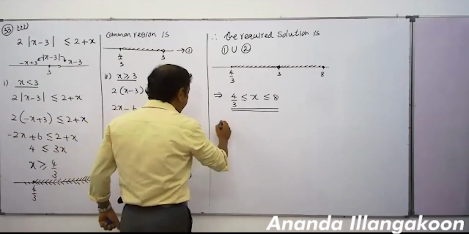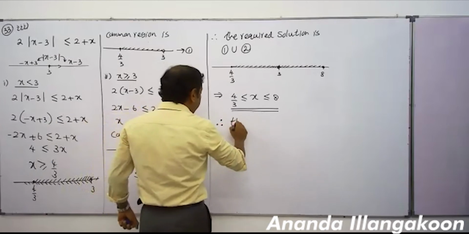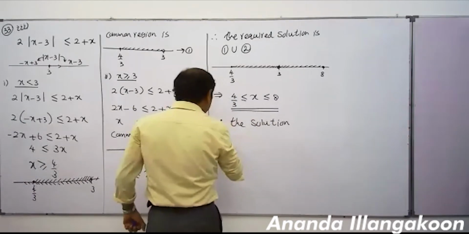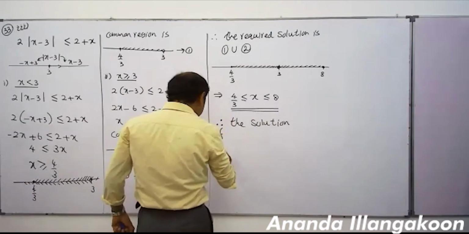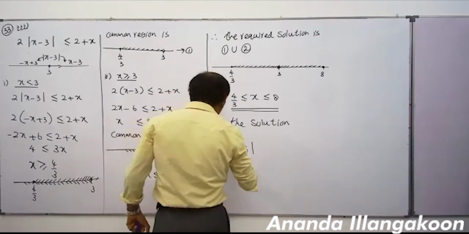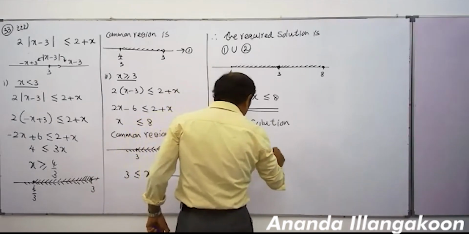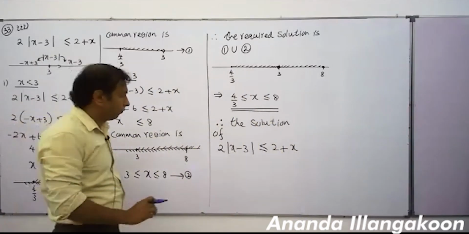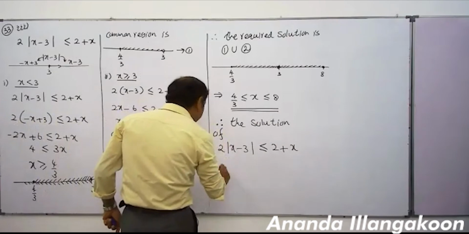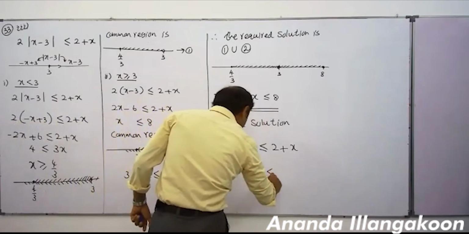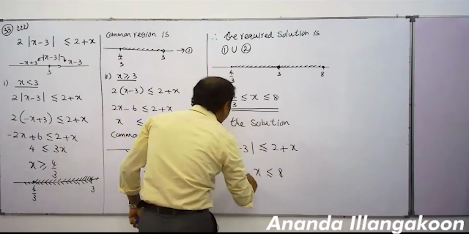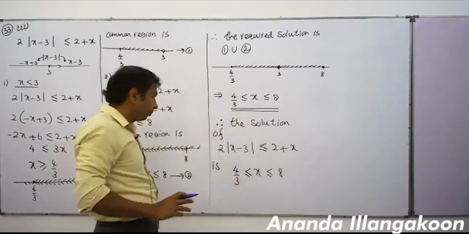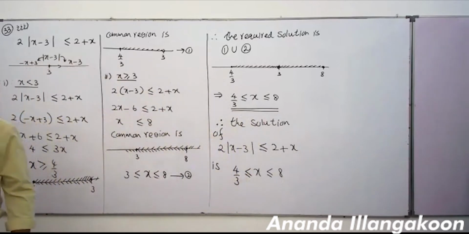Therefore, the solution of 2 times mod x minus 3 less than or equal to 2 plus x is this: x less than or equal to 8, greater than or equal to 4 by 3. This is the solution.